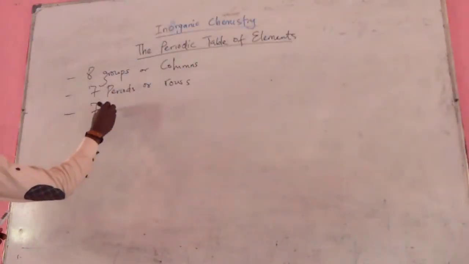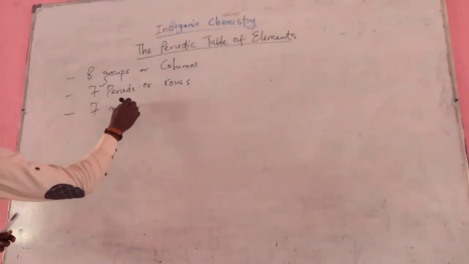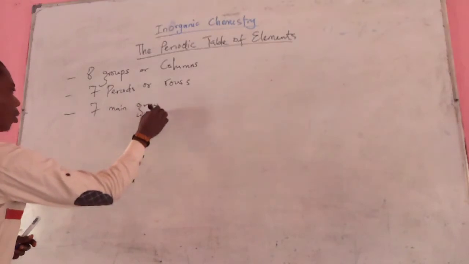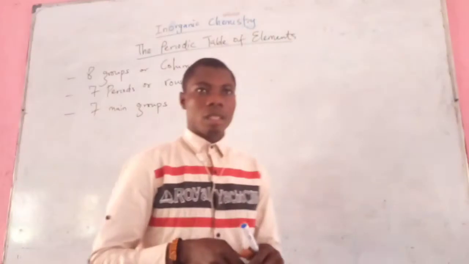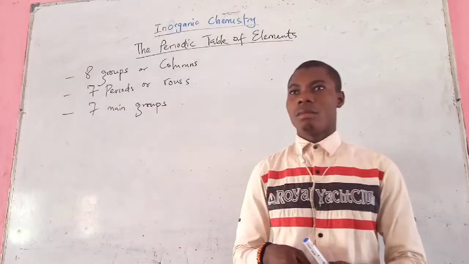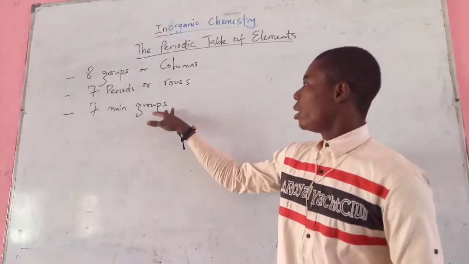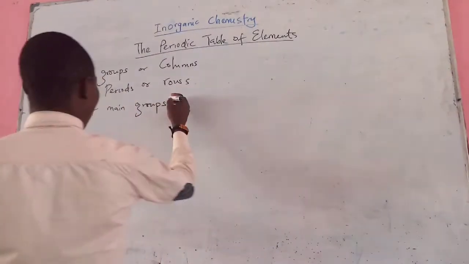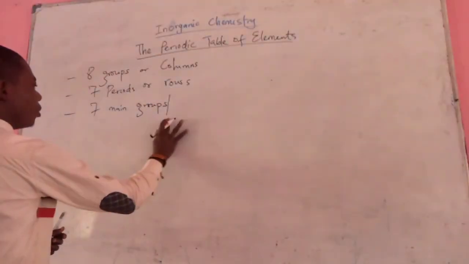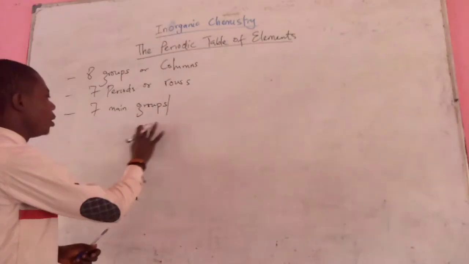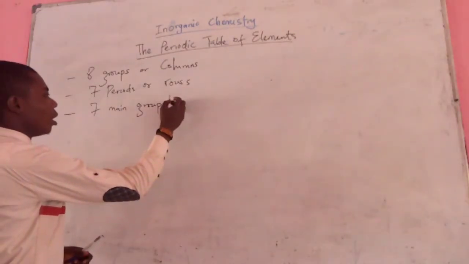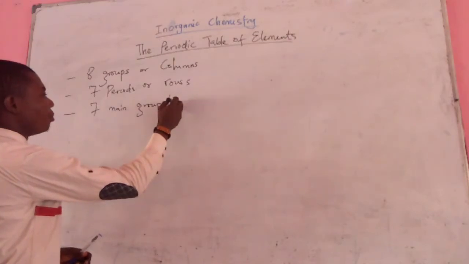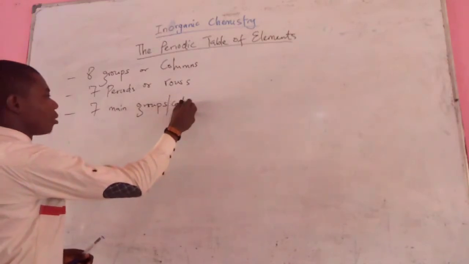Then there are 7 main groups of elements in the periodic table. There are 7 main groups, or let us say 7 main categories.